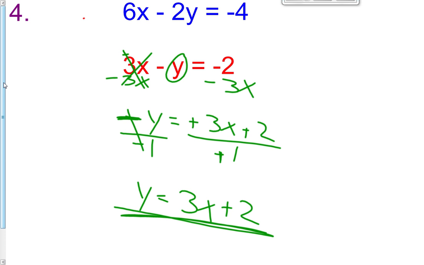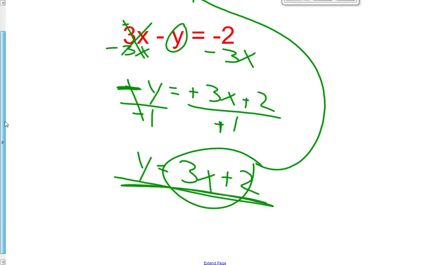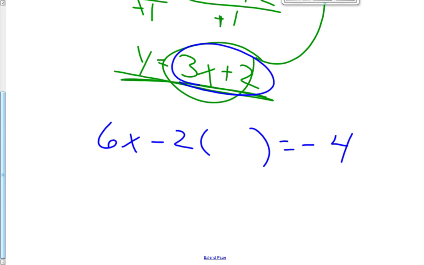I'm going to substitute this into my other equation, which is right there. Okay? So it's 6x minus 2y equals -4. However, what does y equal? Y equals 3x plus 2.